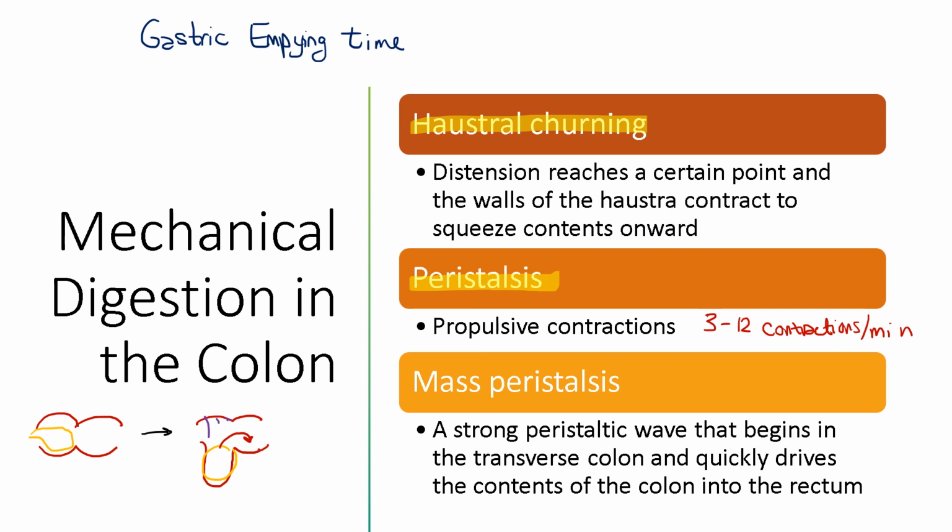It really happens at a much slower rate than we've seen in more proximal portions of the gastrointestinal tract. Then the final type of movement is mass peristalsis. This is a very strong peristaltic wave, and it begins about the middle of the transverse colon, and it very quickly drives the contents of the colon all the way to the rectum.